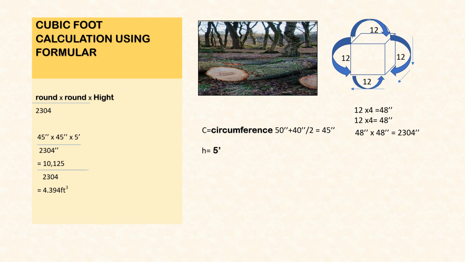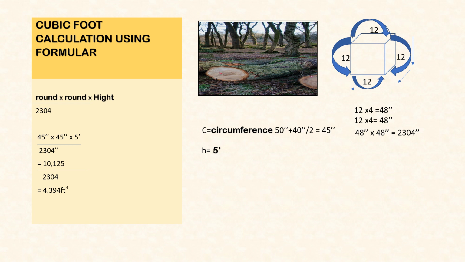So when we get the average circumference, we add the front circumference and the back side circumference and divide by 2, so that we end up with 45 inch.